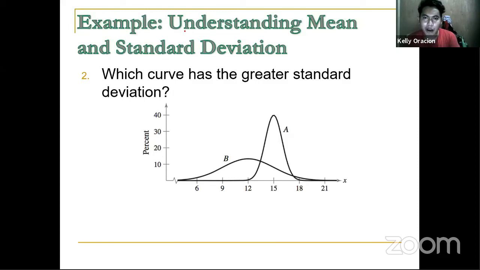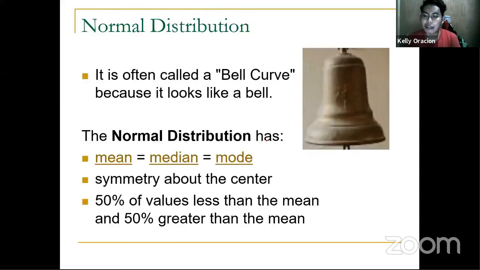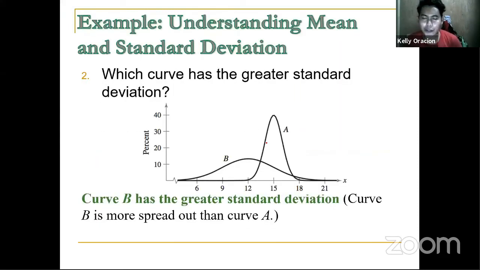Okay, very good. It's letter B. Class, look at letter B. It's more scattered, more flat, right? B is wider. Our A is more, the curve goes upward, right? B is more scattered. So, just based on the graph, class, you can easily determine which has the greater standard deviation. So, curve B has a greater standard deviation.